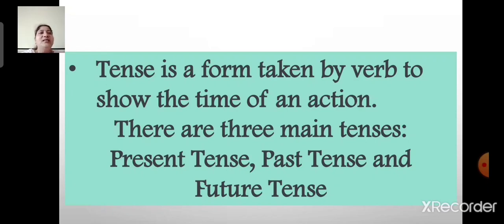There are three main tenses. They are present tense, past tense and future tense.